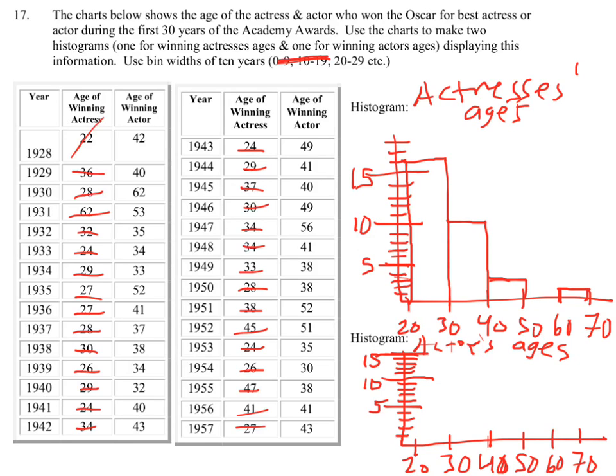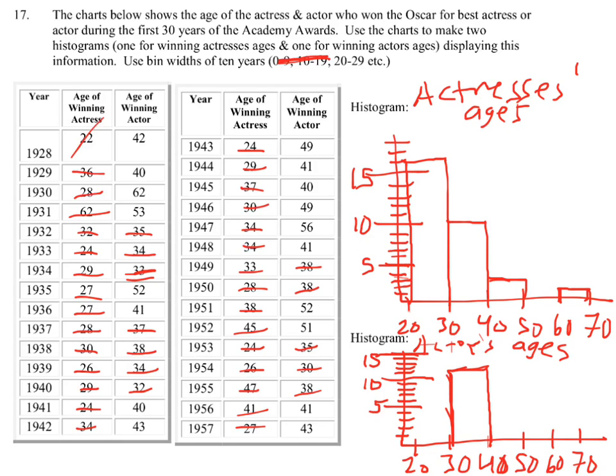So I'll tell you something. Okay, the next one is the 30s. So we got 1, 2, 3, 4, 5, 6, 7, 8, 9, 10, 11, 12. So we got 12 in the 30s category, which is going to be about this tall.